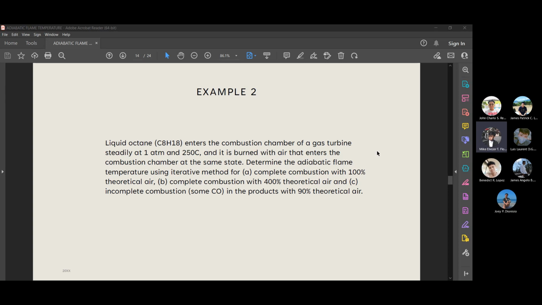Determine the adiabatic flame temperature using the iterative method for A. Complete combustion with 100% theoretical air. B. Complete combustion with 400% theoretical air. And C. Incomplete combustion in the products with 90% theoretical air. Next.